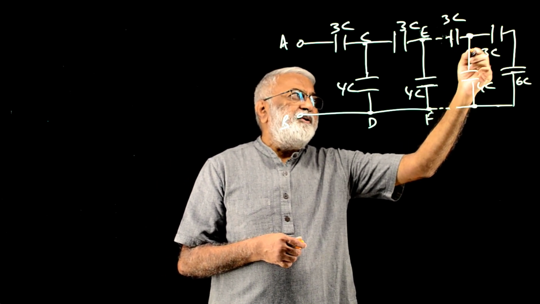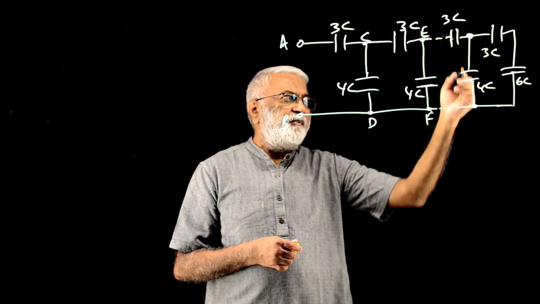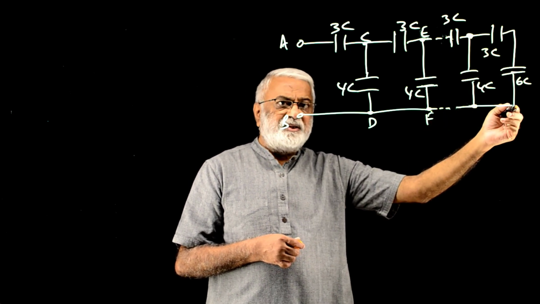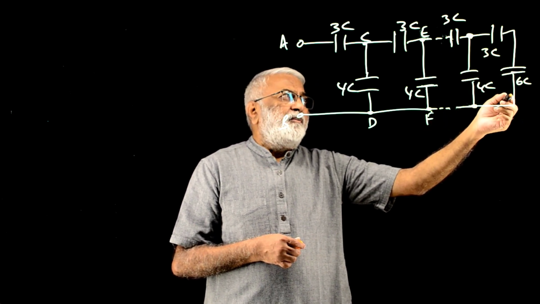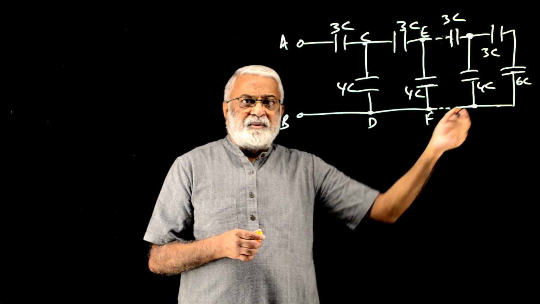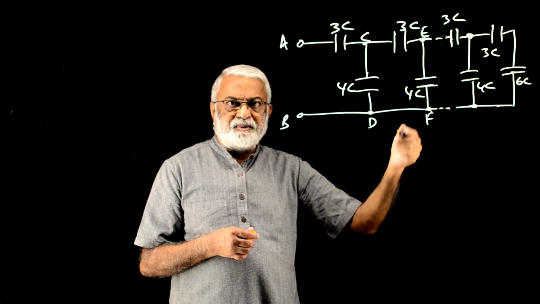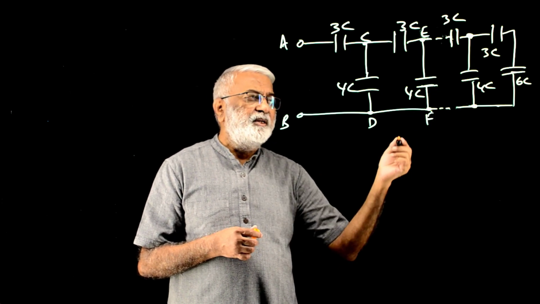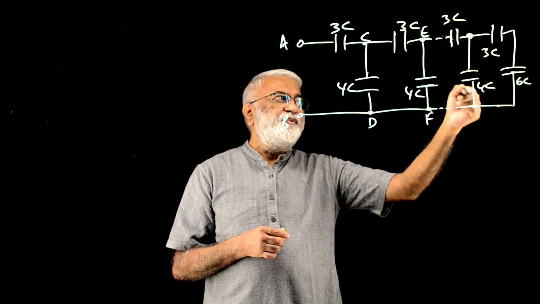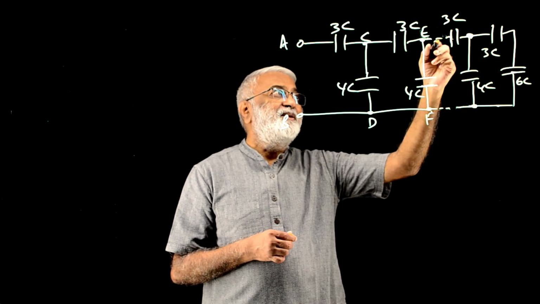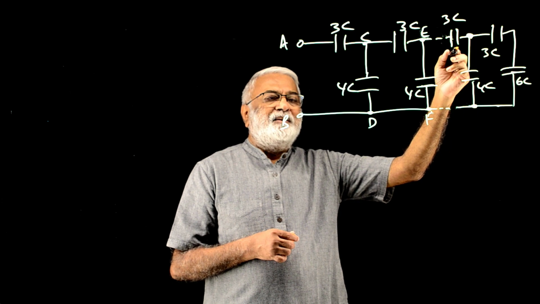So between this pair of junctions, we have one branch of 4C, another branch of 3C and 6C. Well, 3C and 6C are in series, so that will give us 6C into 3C by 6C plus 3C, which will be 2C. 2C and this 4C in parallel will be 6C again. So this 6C and this 3C will be 2C.